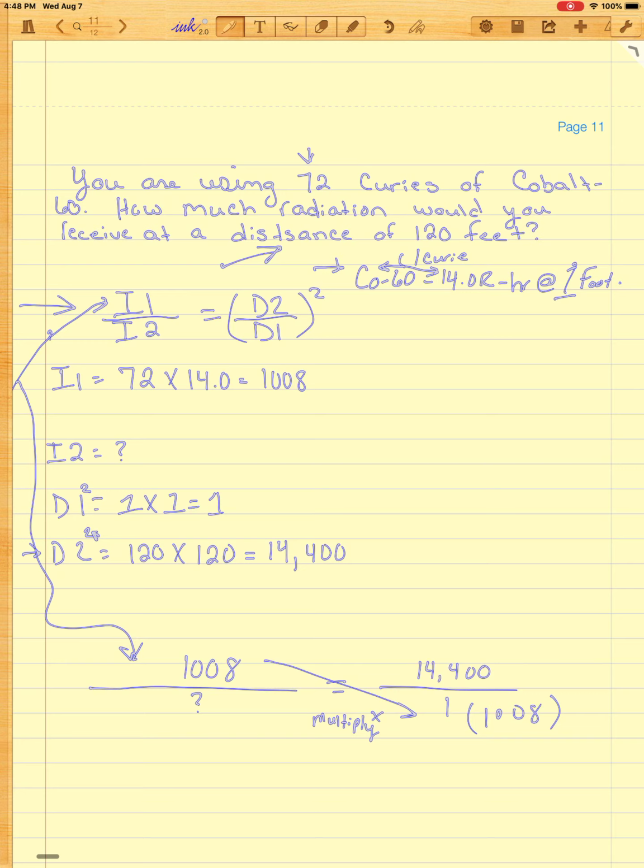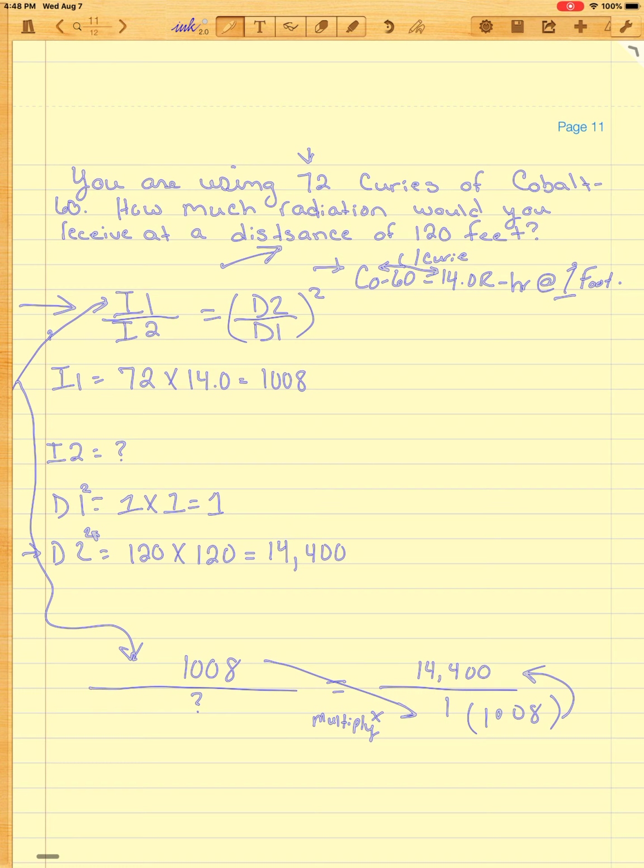Now, to finish this problem, all we have to do is divide by 14,400. So you would already have 1008 in your calculator because you just multiplied 1008 times 1. And so all you would have to do is hit the divided by button and type in 14,400.